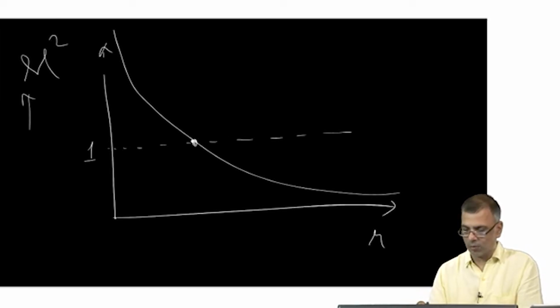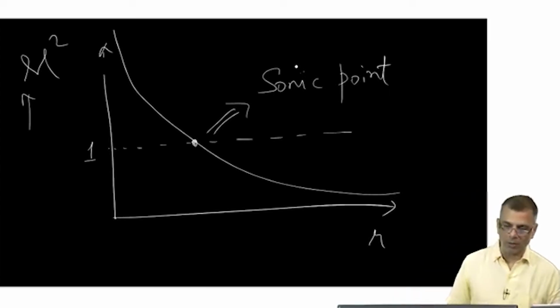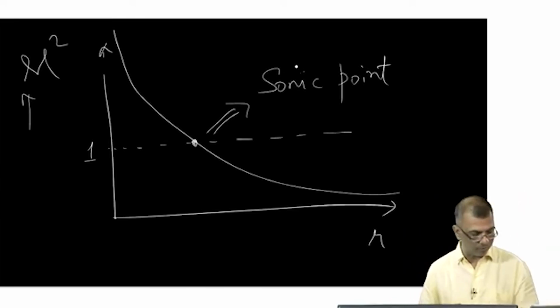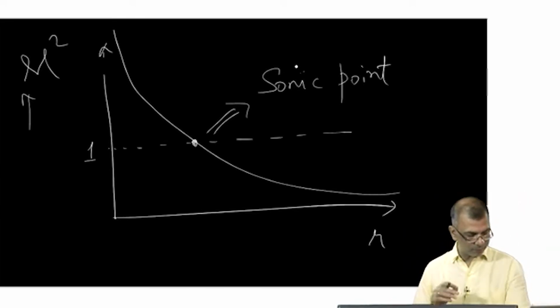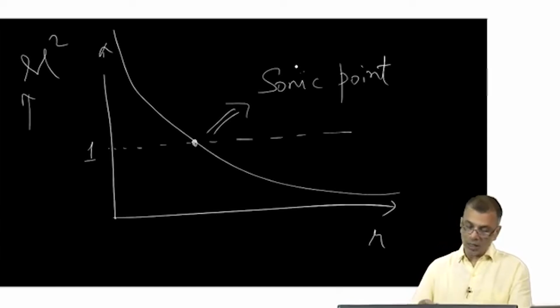So this again would be the sonic point, or as we have said, not quite the sonic point, but a sonic surface in the case of spherical symmetry, right? So this is the situation we are considering.